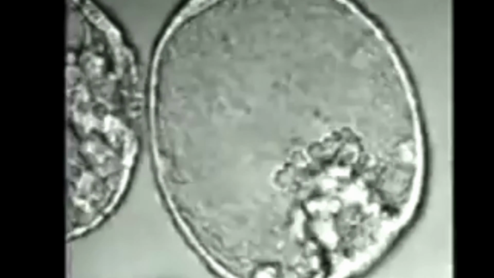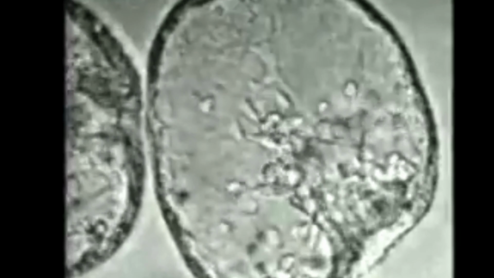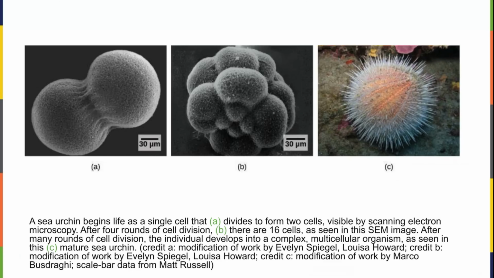So this is like a very early stage in animal development where you can start to see kind of how the internal tissues and organs begin to develop. And in certain organisms, this first cavity that forms becomes the mouth, and in other organisms this becomes the anus.